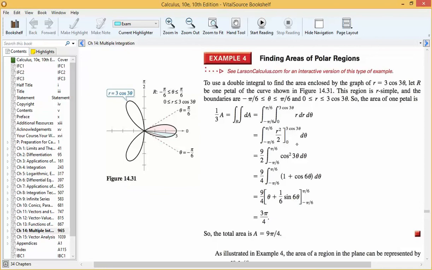So here where you have a double integral, you just move that 2 in front here if you want to go from 0 to pi over 6. Either way, you get the same answer. Definitely going to have to practice on these if your trig is not up to speed.